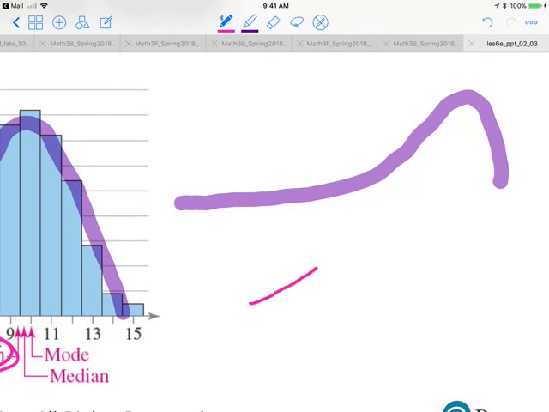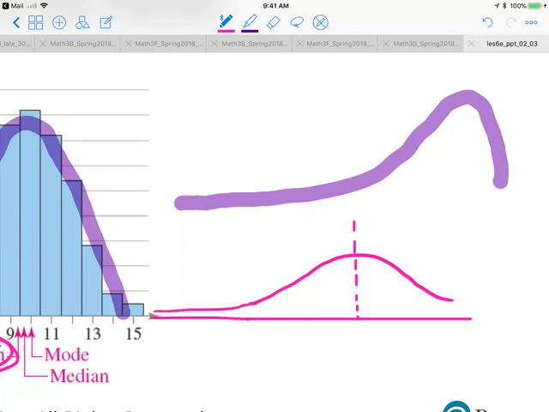So imagine you've got your symmetric distribution, and typically your mean, your median, and the mode are all here. But now if I add a bunch of values that are small, then my mean is going to be dragged over. So my mean is going to end up being smaller, because remember, the mean is going to be impacted by outliers, right?